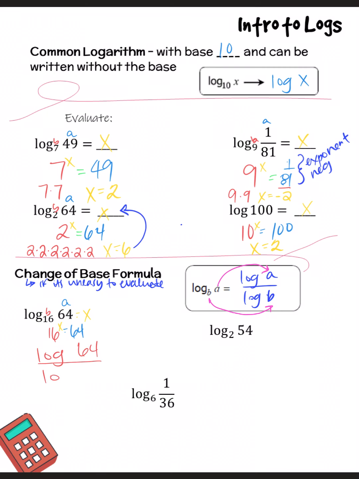That's the big number over the small number. I put this in the calculator, and when I do, I get 1.5. Same thing here, log base 10 of the big number over the small number. Put in the calculator, I get 5.8.